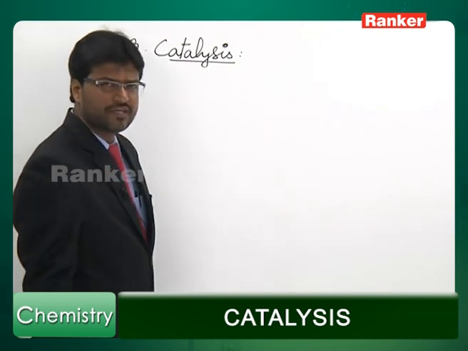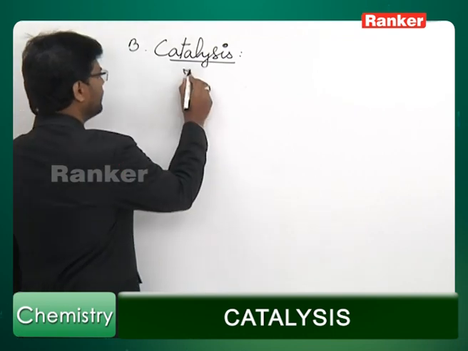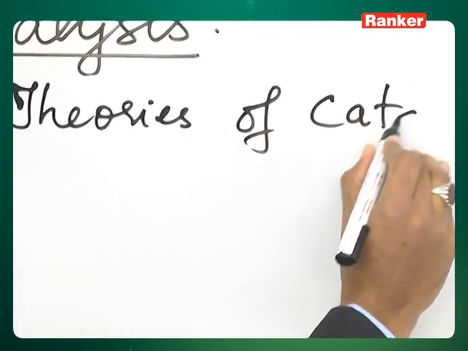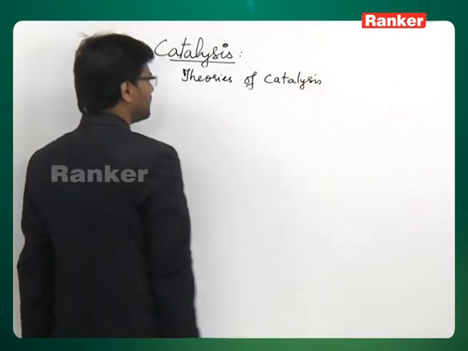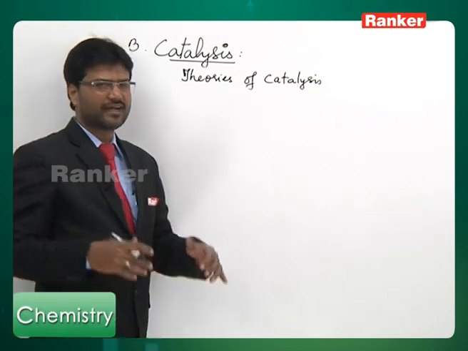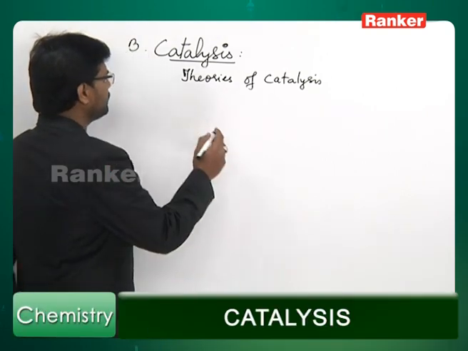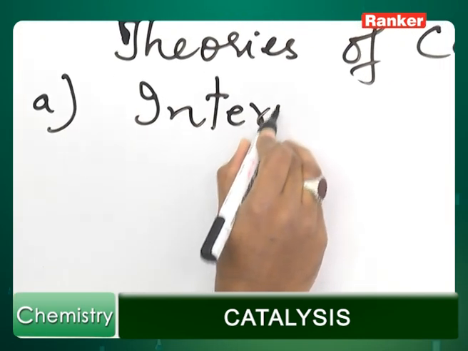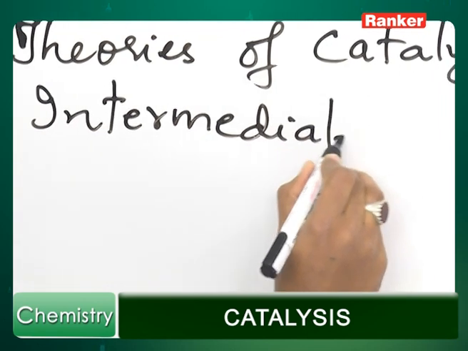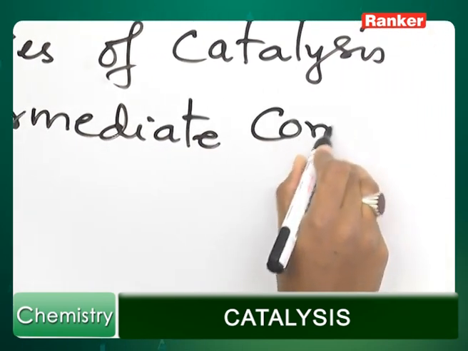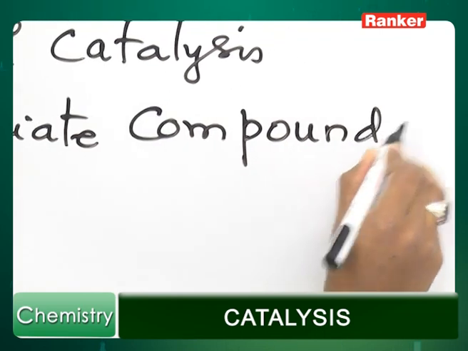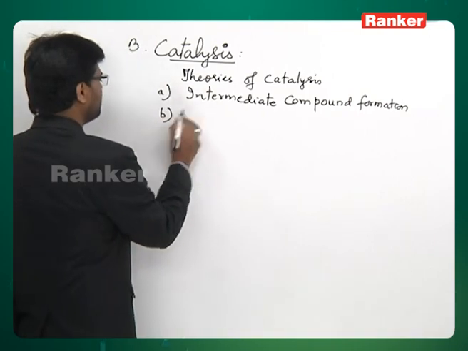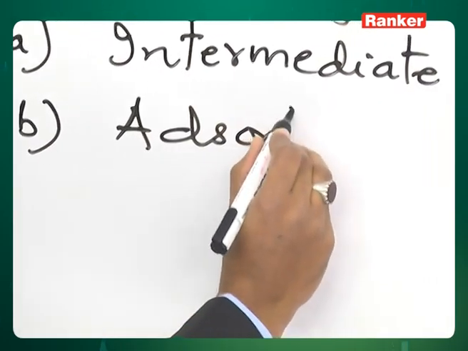Now let's learn about theories of catalysis. These theories try to explain how a catalyst works. So there are two theories. One is intermediate compound formation theory, and there is another theory, adsorption theory.